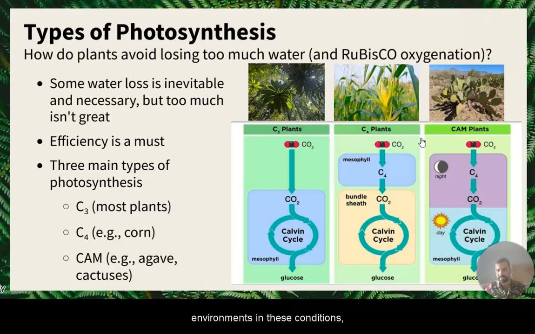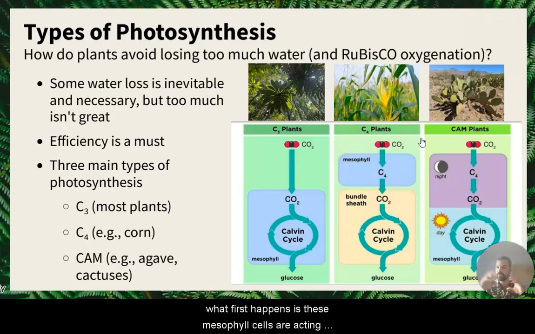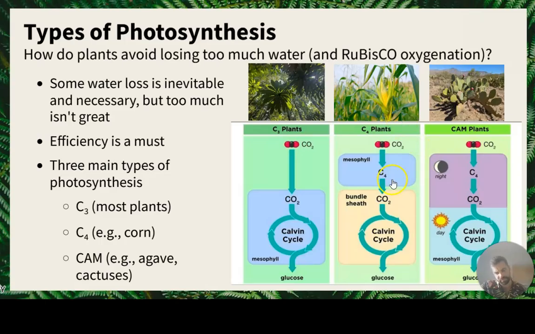In these conditions, what they do is they bring in CO2, and within these mesophyll cells, what first happens is these mesophyll cells are acting like a bit of an airlock, where the CO2 is brought in and then immediately fixed so that it can be kept separate, and then the water loss is only what's lost from here.